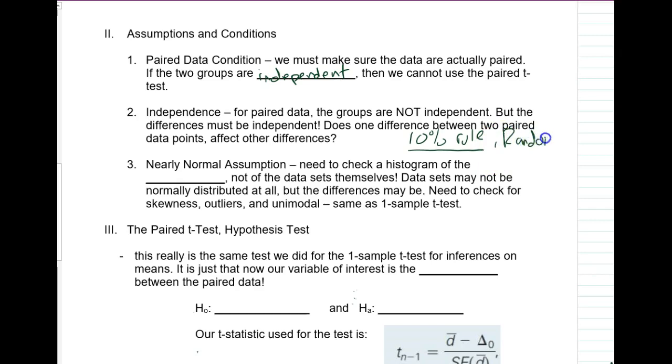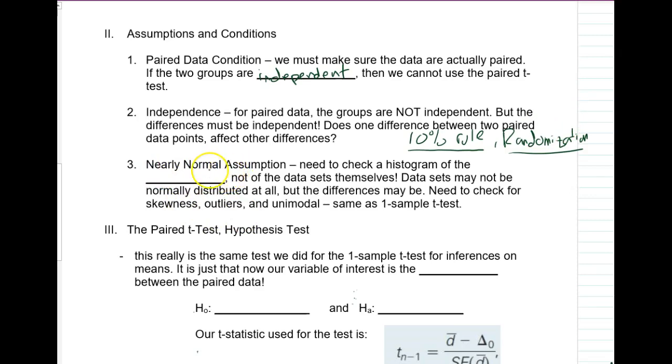So we're going to look at the paired data. We're going to make sure that the differences are independent. We're going to make sure that we haven't sampled more than 10% of the population. We want the pairs to be randomly selected, and we have to check the nearly normal condition.